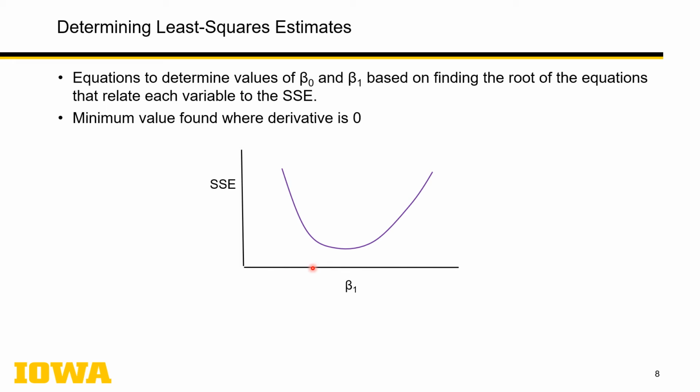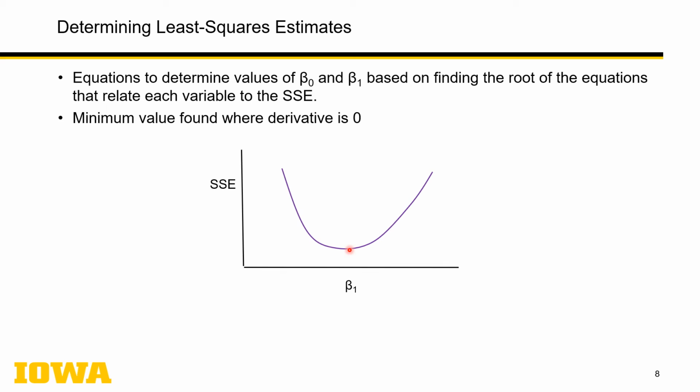Then we increase beta 1, and hey, the SSE is going down, so that's even a better selection than the previous one. And you see where I'm going with this. You will get to some sort of a minimum, and then you keep increasing beta 1, and your SSE is going to increase. So how do you find this minimum SSE, which is the minimum of the differences that we want?